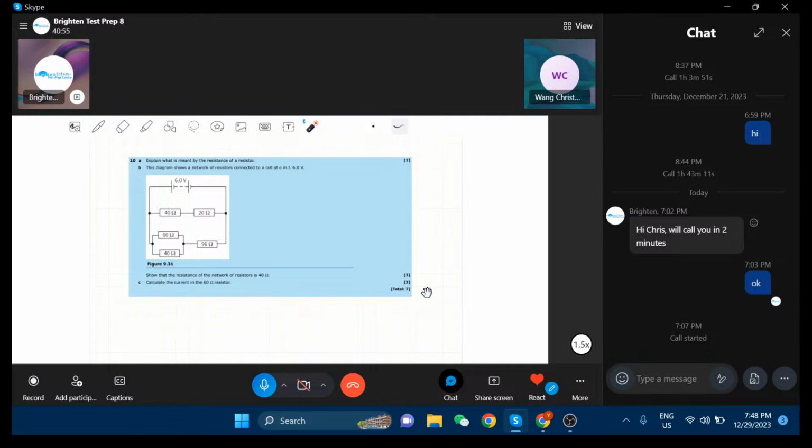First, I think we find, for the bottom one, 1/60 plus 1/40, and then we get 2 plus 3 over 120, 5/120.